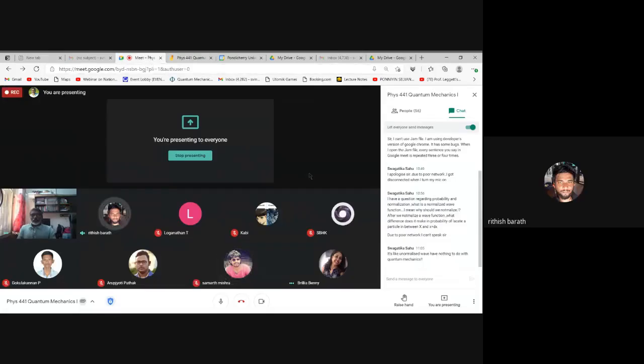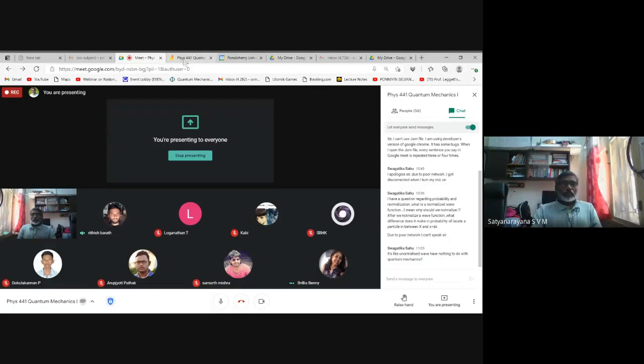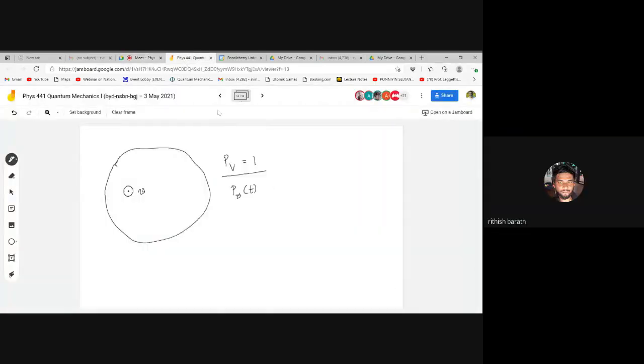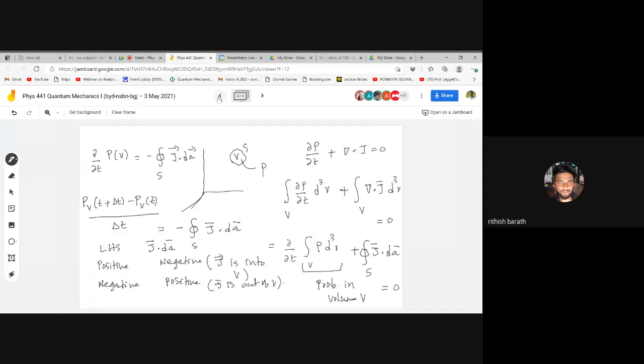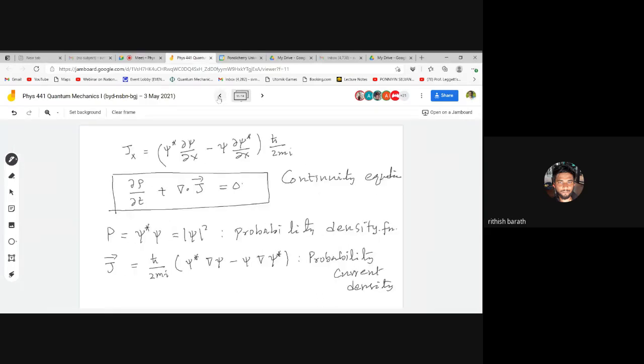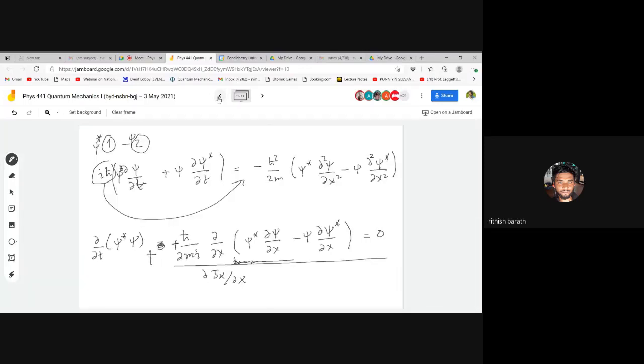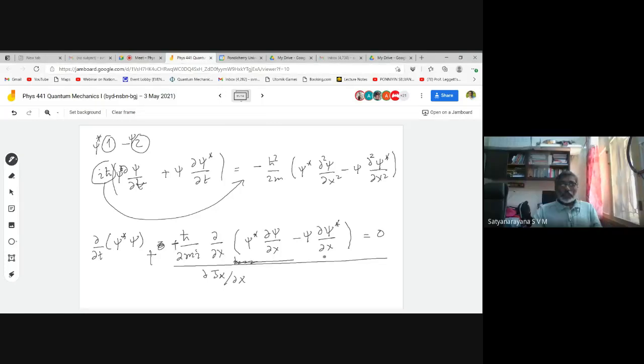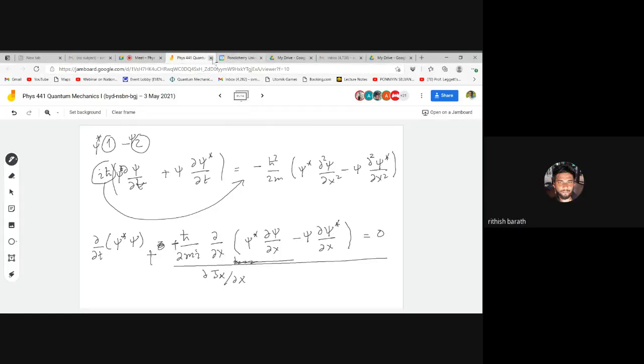Sir, in the previous page, the integral, generally how are you taking that derivative out? Is there any particular reason how you take the derivative out, sir? In the first step, the ∂/∂t, how did you take it out of the integral? Next page, sir. Here only, right? I took ∂/∂x out of the integral. No, here I understood, sir. Next page.